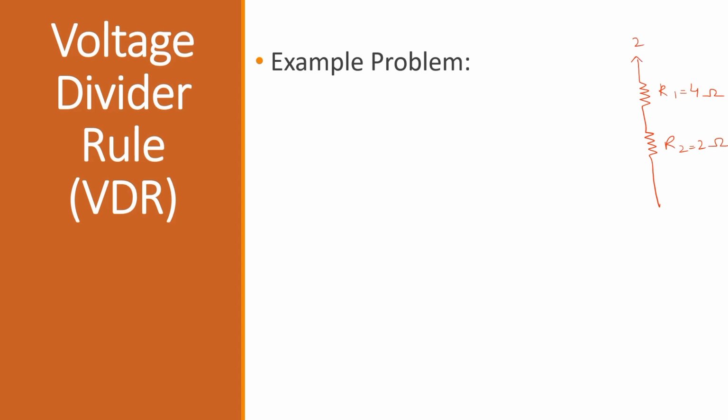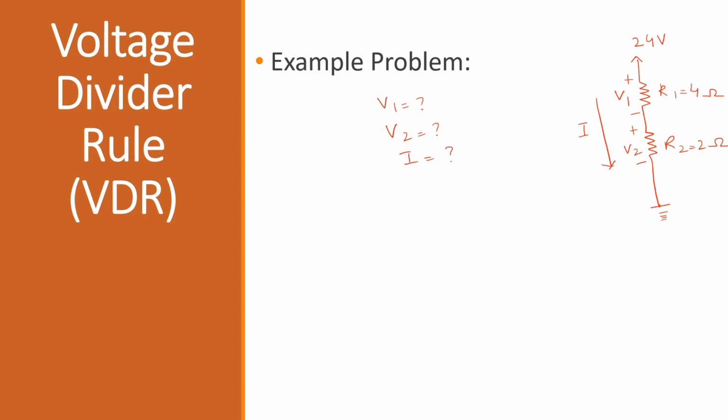This is input voltage of 24 volts. This is ground. This is V1, this is V2, and this is the direction of current. Now you have to find V1, V2 and I using voltage divider rule.